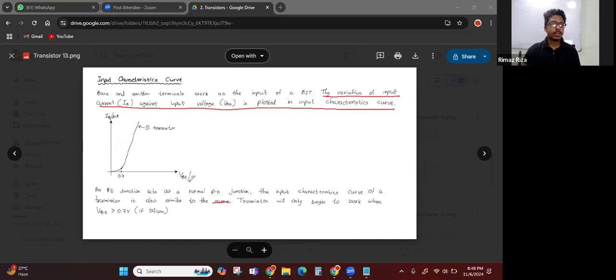It's a very small current. Okay, and then after drawing this curve, you can write as BE junction acts as a normal PN junction. The input characteristic curve of a transistor is similar to the PN junction.